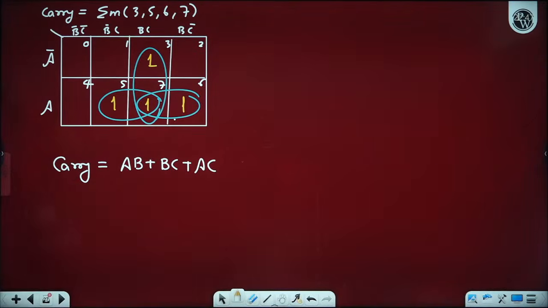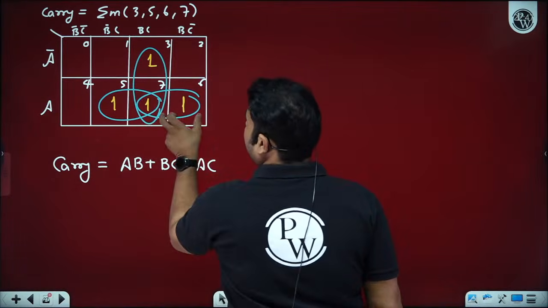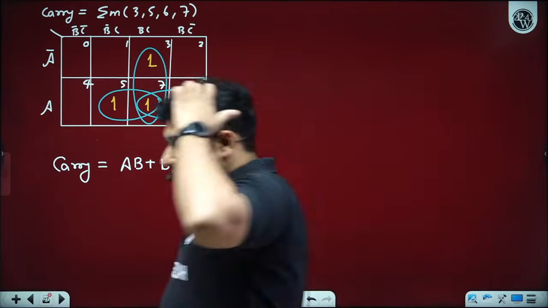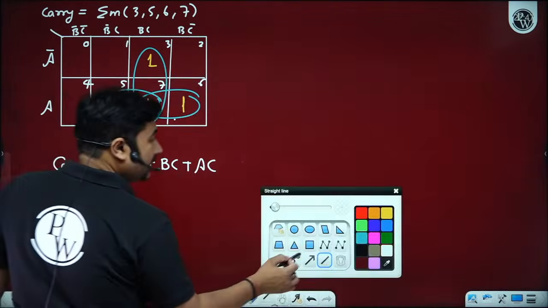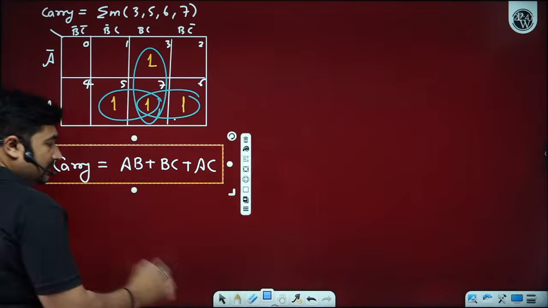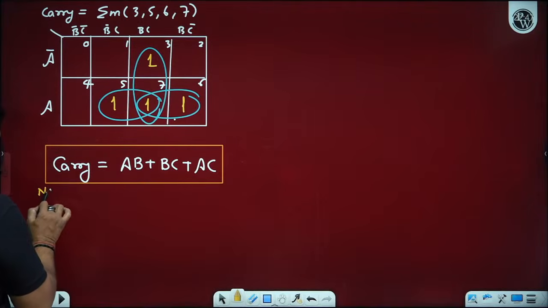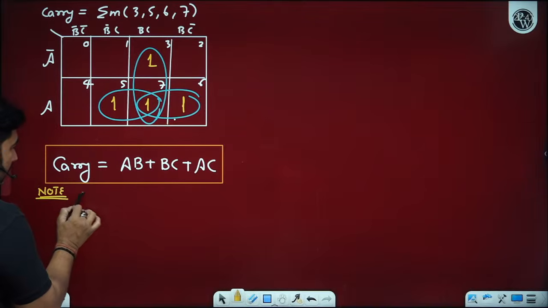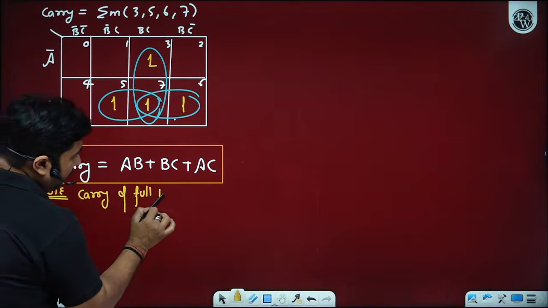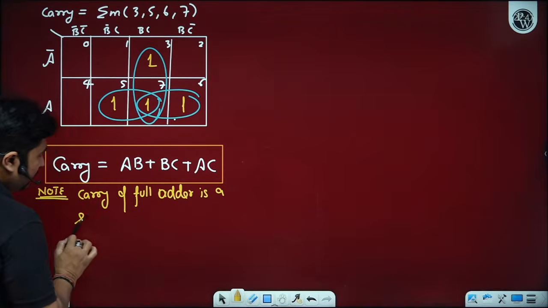How many of you able to see this? AC, AB and BC. How many of you able to understand this? Yes, sir. So this is a very important function. If you want to implement a carry function, then the minimized expression is this. Also note this point: the carry of a full adder is a self-dual function.